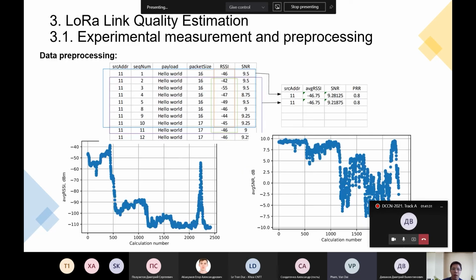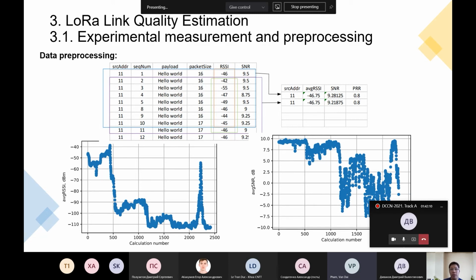Here, we can see the graph presentation of RSSI and signal to noise ratio, and here we choose a window size equal to 10 received packets to calculate the average of received RSSI and received SNR according to the packet reception rate.